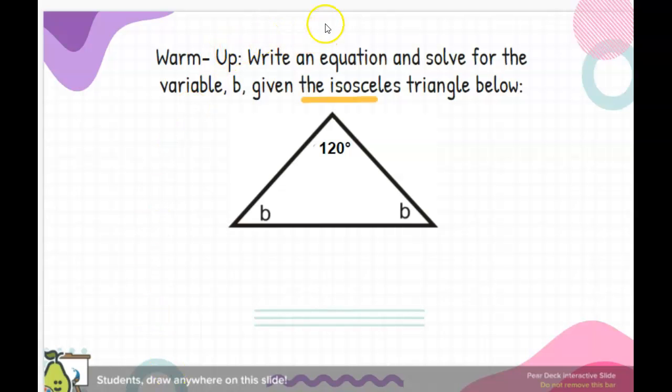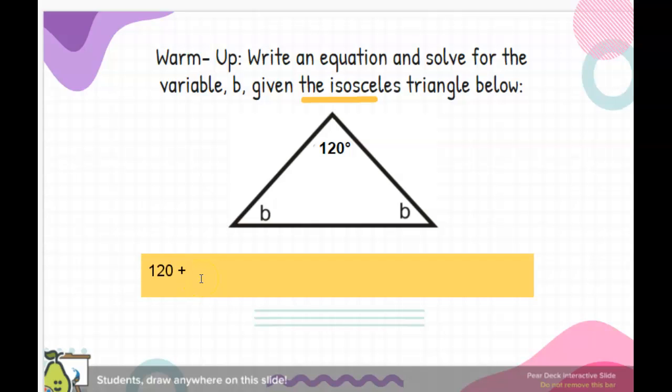So if you were to write an equation, you would write 120 plus b plus b.